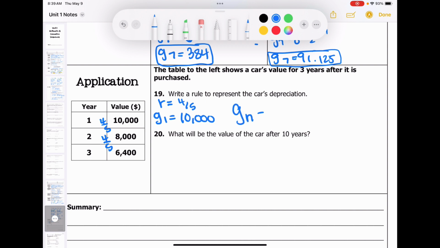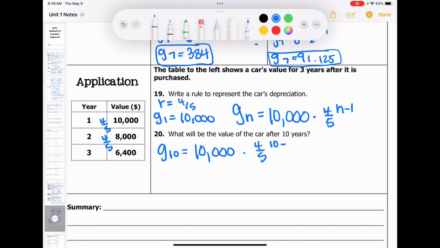So now to write my function, I have Gn equals $10,000 times 4/5 to the n minus 1 power. So now we want to find the value of the car after 10 years. So that means I'm going to find the 10th term. So wherever there's an n, I'm going to put a 10.